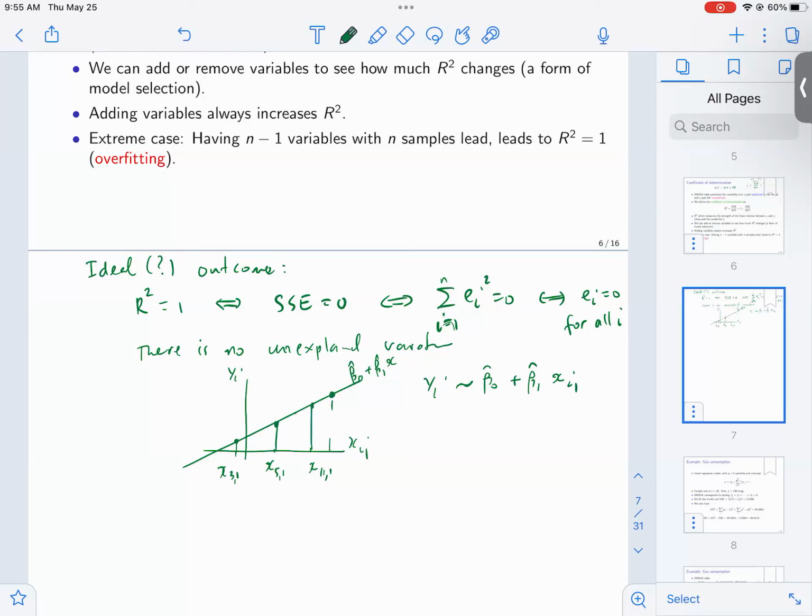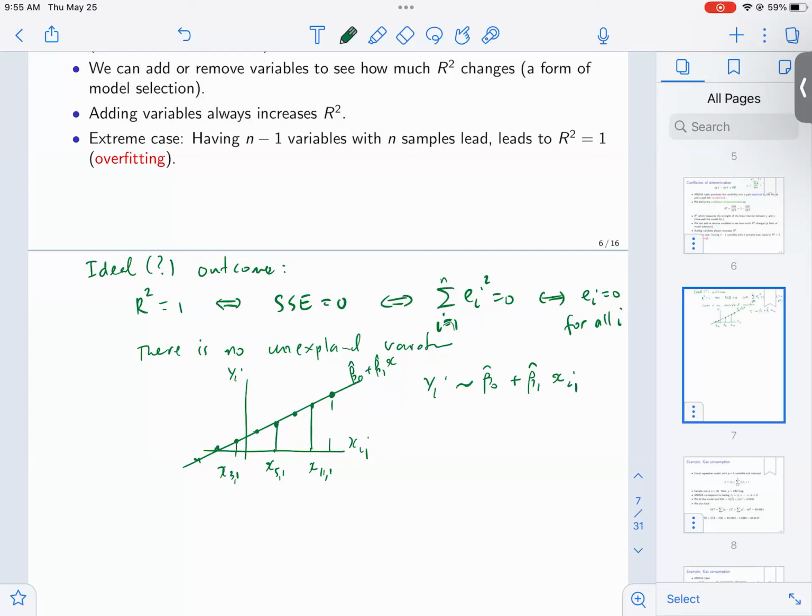So basically all the data points are going to be on this line. Then you get a perfect fit. The line passes through everything. Why? Because the residuals are 0. So that's the only way you can get R squared of 1: all of them lie on a single line, or all of them lie on the regression function.